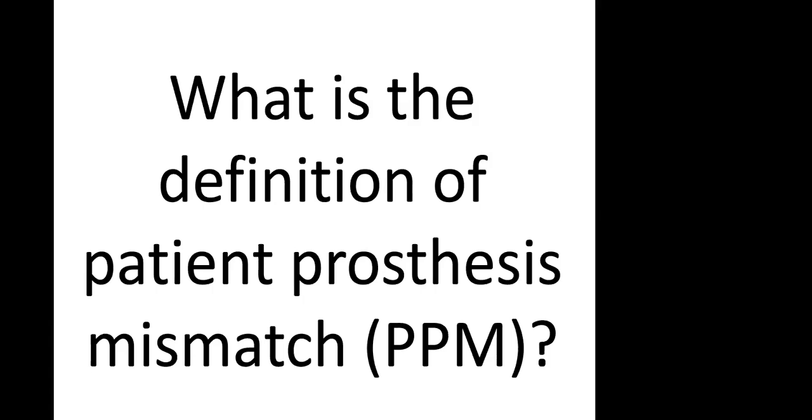Patient prosthesis mismatch is when the valve area produces a gradient that is smaller than the body surface area needed for the patient. So it is a mismatch between the size of the body surface area and the valve area that needs to be implanted for him. Yes.